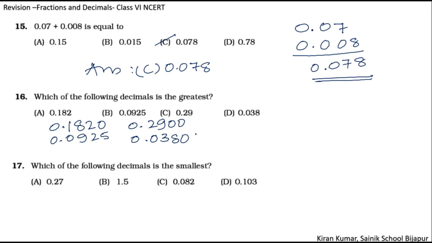These are the numbers when expressed as like decimals. So the number of decimal places we have made the same. Now observe the place values. Here 0.2900 is a larger number because the tenths place is 2. Therefore, the greatest among these is option C. Answer is option C, 0.29.